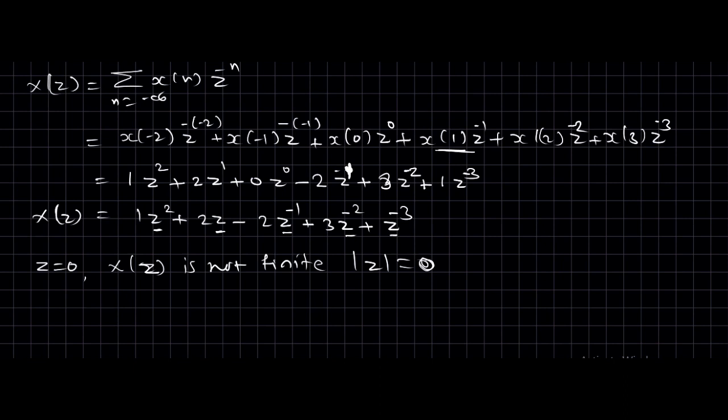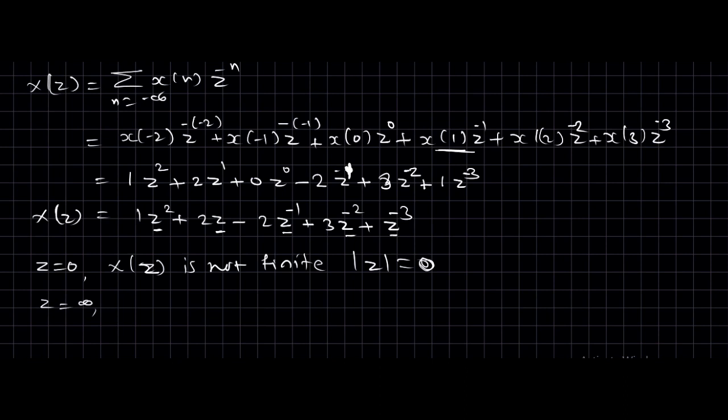What is ROC? Region of convergence is the set of values of z for which X of z is finite, not infinite. The values of z should be such that we get a finite value of X of z. Then it is said that X of z converges. Now let us substitute z equal to infinity in this.